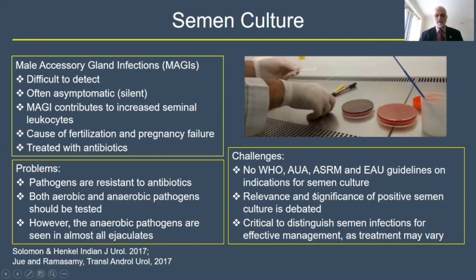In addition, the relevance and significance of a positive semen culture is debated, but on the other hand, it's critical to distinguish between semen infections and to know what is going on for effective management and the way to treat these patients, so that we know what can be done.